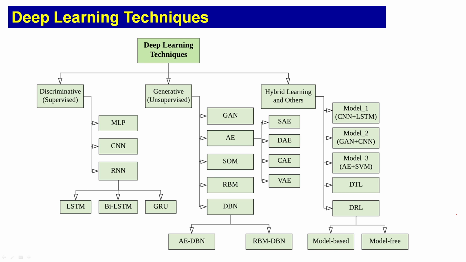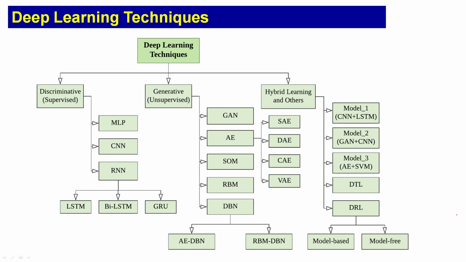The techniques based on supervised learning are MLP, which is multi-layer perceptron, CNN, convolution neural network, which processes images, and RNN, which processes time dependent sequential data. RNN, as we will see today, has 3 different parts: LSTM, bidirectional LSTM and GRU.